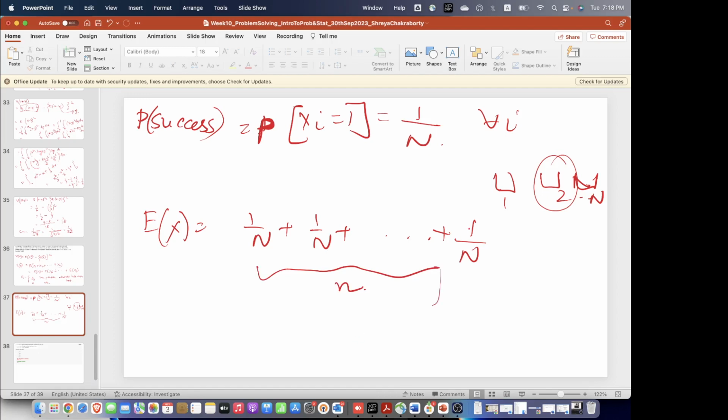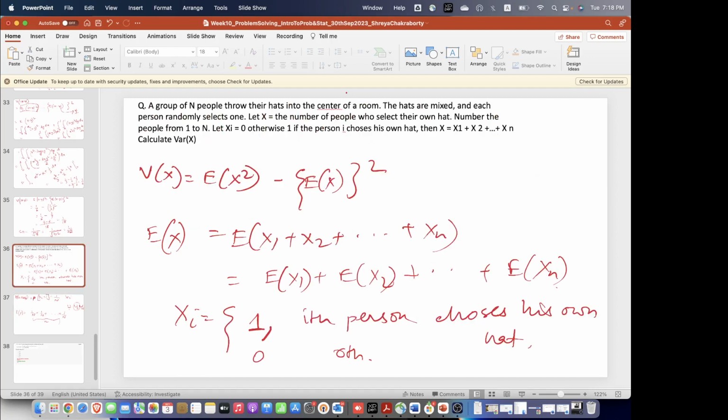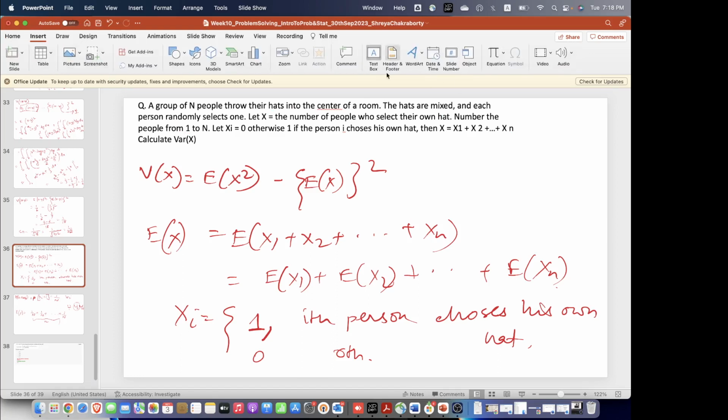So this n would be a capital N, sorry, one second. This will be capital N in subscripts.